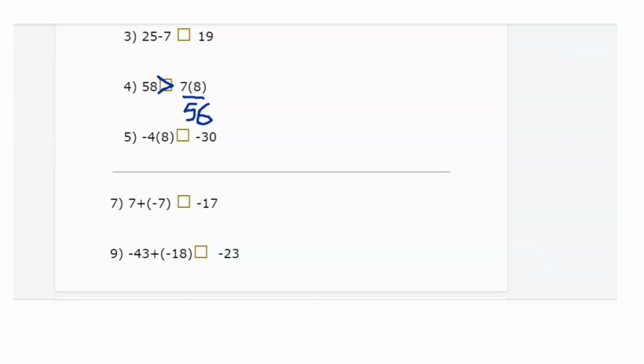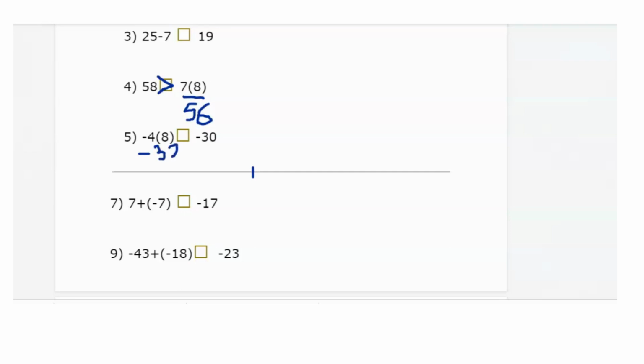Minus 4 times 8 and minus 30. This is where most students find it a little bit difficult. Minus 4 times 8 is negative 32. I know you'll be wondering, once you see the number, automatically you say negative 32 is bigger than 30.